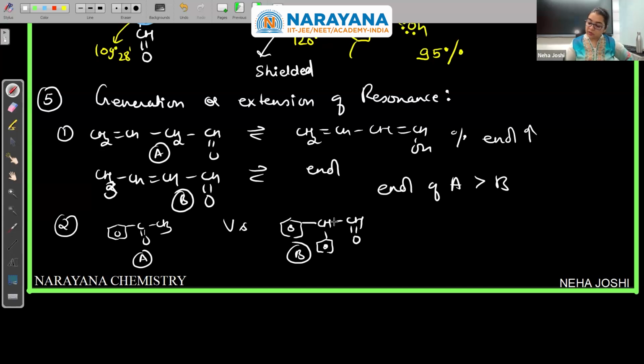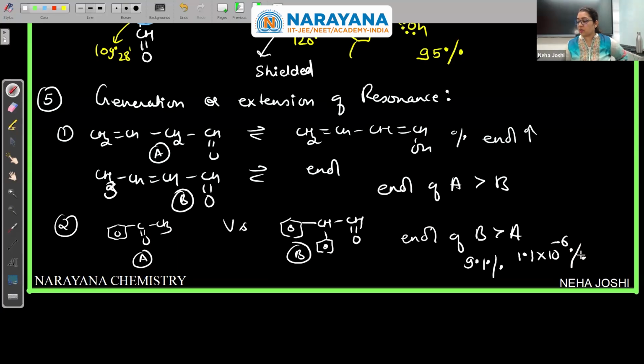Carbonyl is already member of resonance, but here carbonyl is not member of resonance. So enol of B greater than A. In fact, this B is having 9.1% enol and A is having 1.1 into 10 to the minus 6% of enol. So that is how it is used.